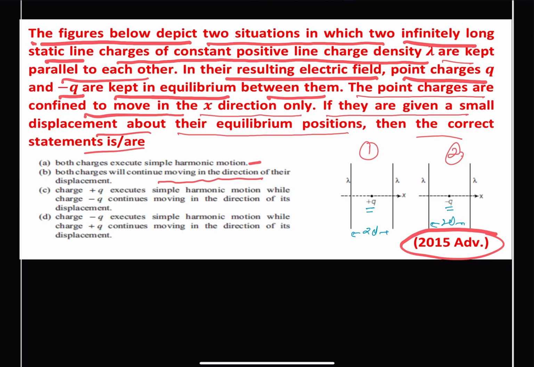Therefore, on each side we are going to have a distance of d. So in both the cases, it is given a small displacement about equilibrium. Okay, so let us consider case 1.